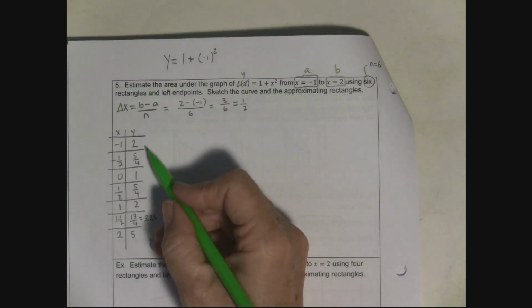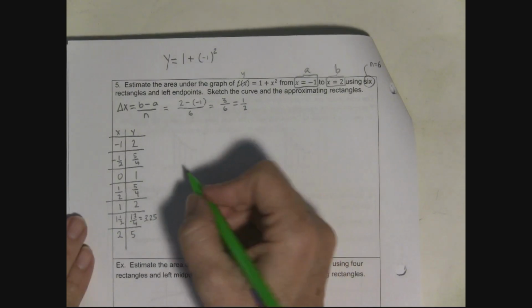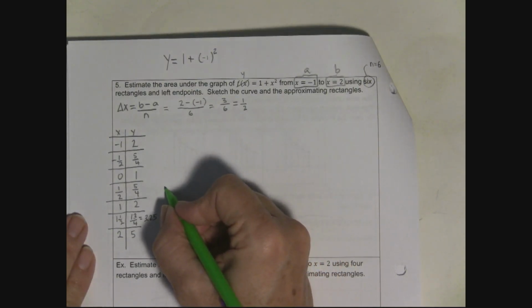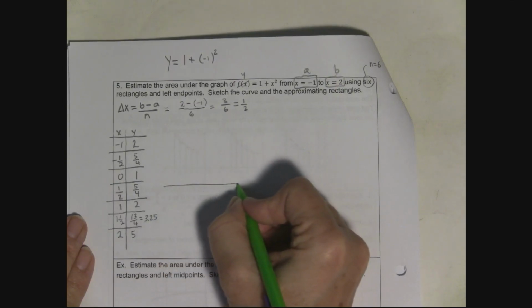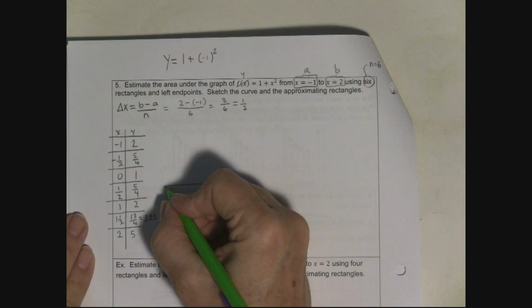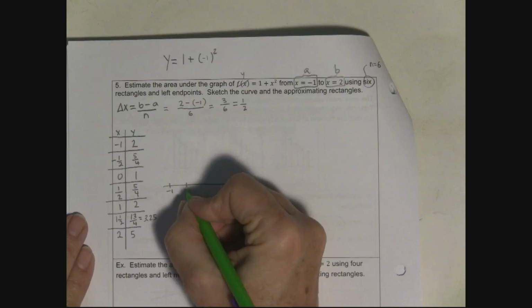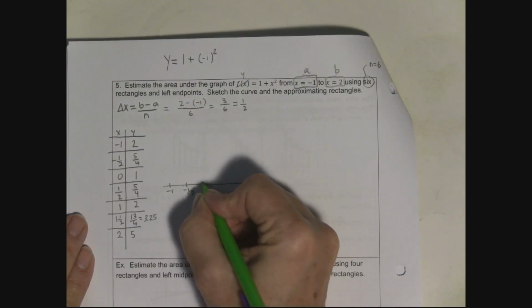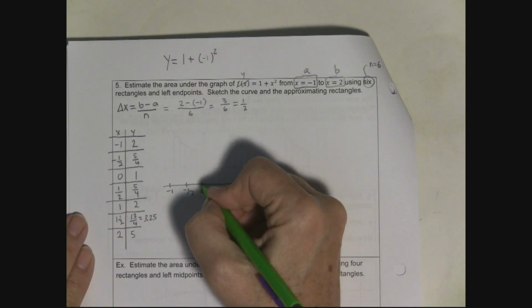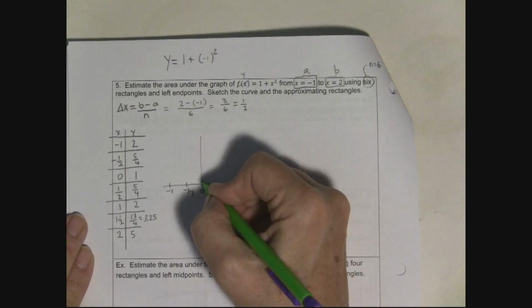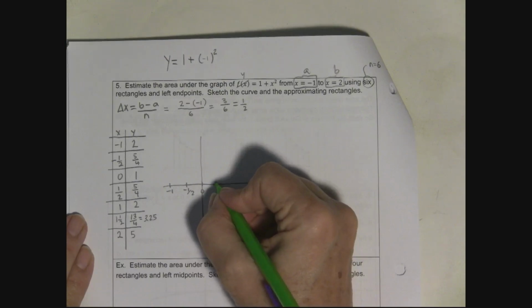And I had none that were negative, right? So I'll try to draw my little rectangles and leave myself some room here as well. I'm going to be over here at -1, and then -1/2, and then 0, which is the y-axis right there, and then at 1/2.